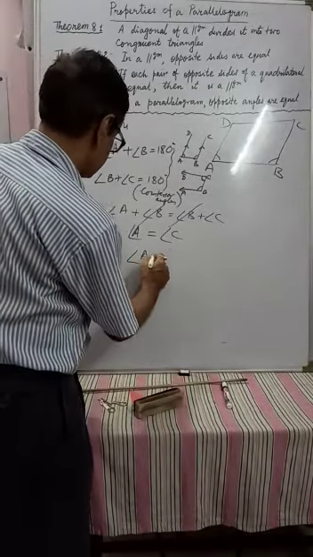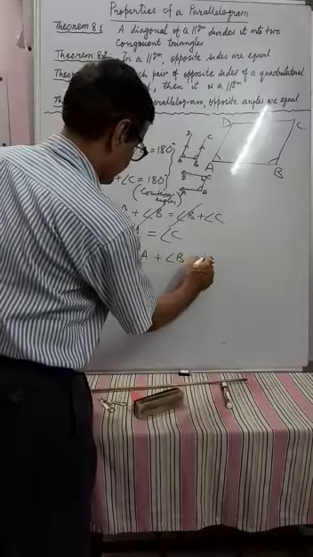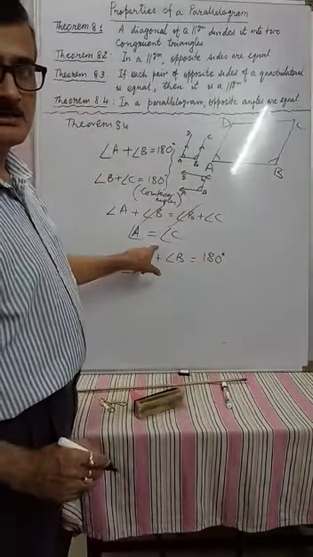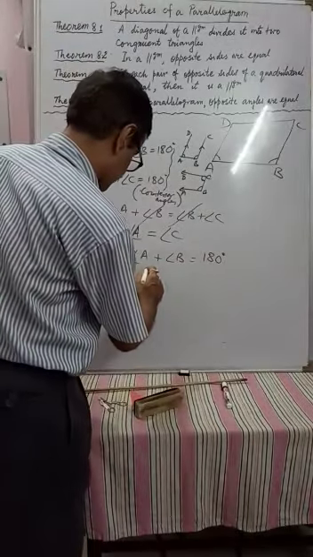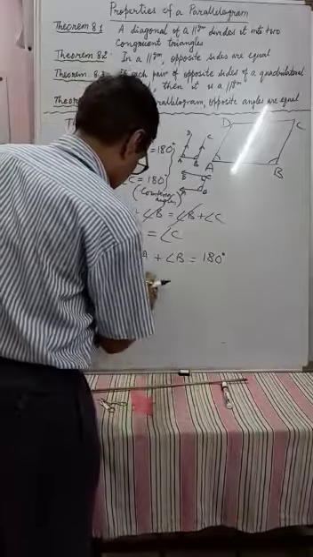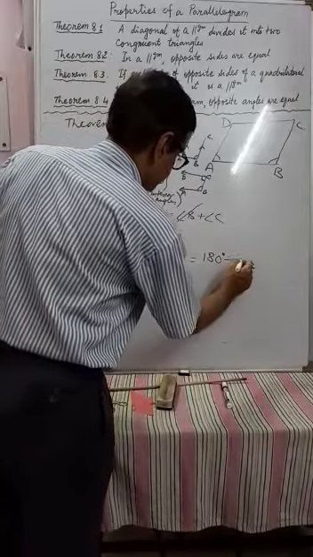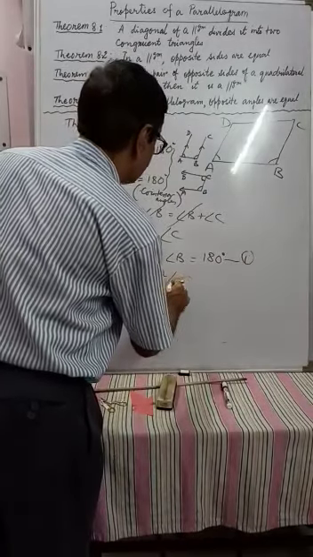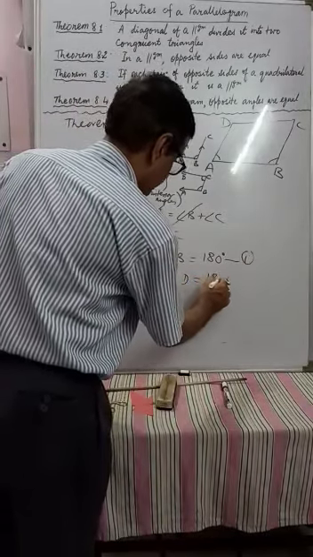Now angle A plus angle B we have already written as 180 degrees. Now we have proved that angle A is equal to angle C. Suppose this is equation 1, and angle A plus angle D we can also write as 180 degrees.